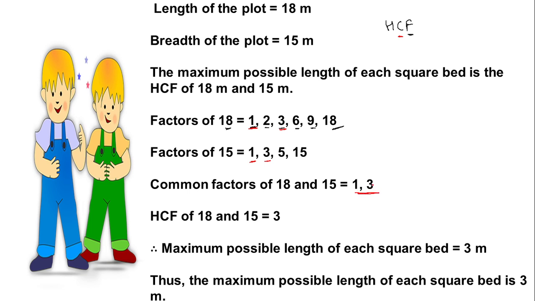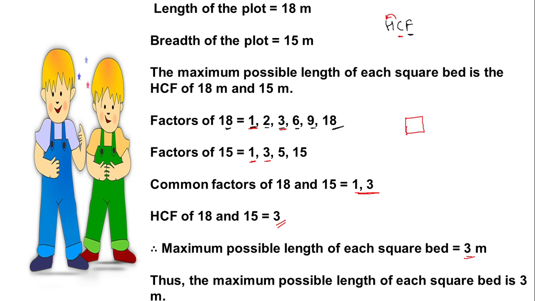1 and 3. So after jumping from C, we will jump next to H. What is H? H is the highest. Now out of this 1 and 3, which is the highest? Highest is 3. So the HCF of 18 and 15 is going to be 3. Now see, the maximum possible length of each square bed will be 3 meters.